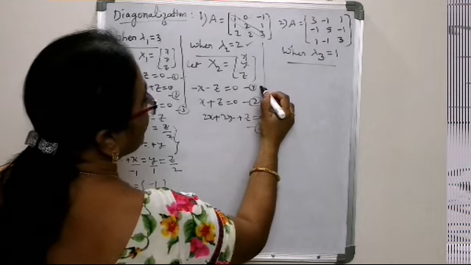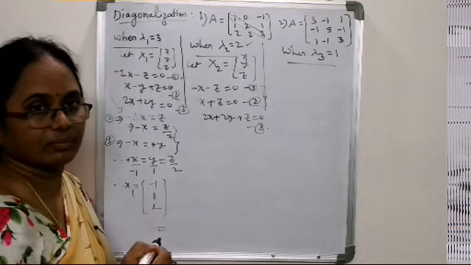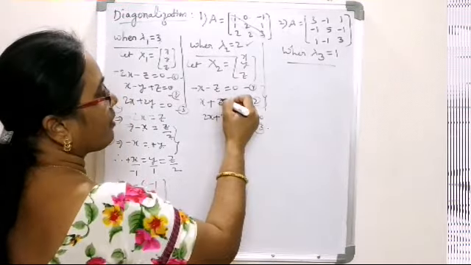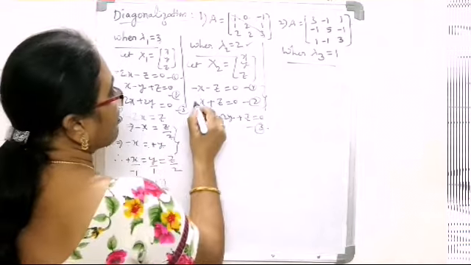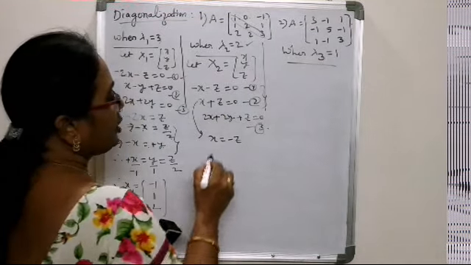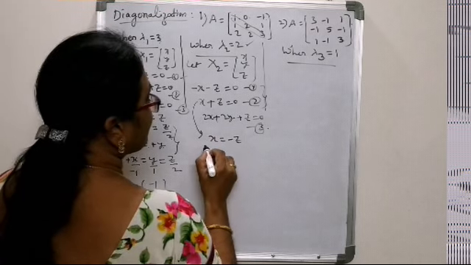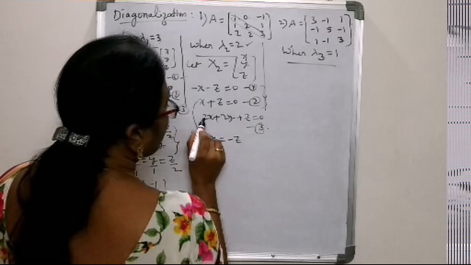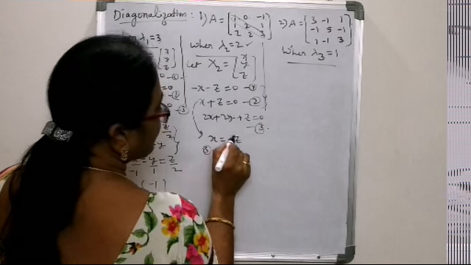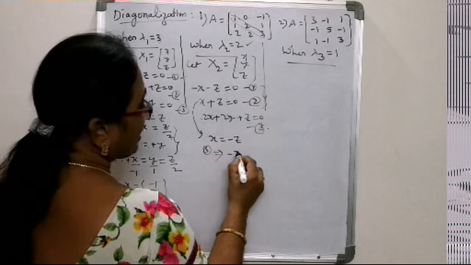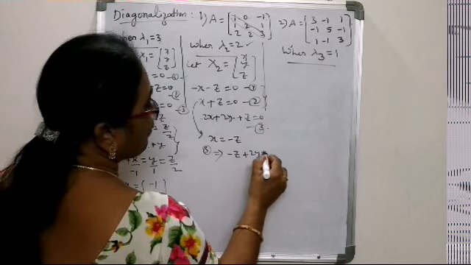Right? It is clear that equations 1 and 2 are the same, so only one possibility can be taken from 1 and 2. From the second equation we can write x is equal to minus z. Using that x equal to minus z in the third equation, we have 2 into x is minus 2z, plus z is already there. So we get minus z plus 2y equal to 0.